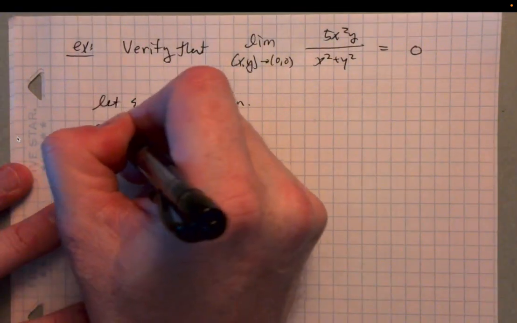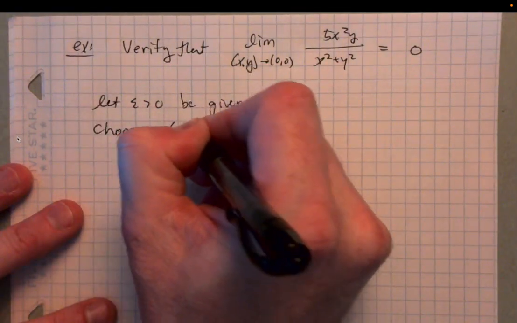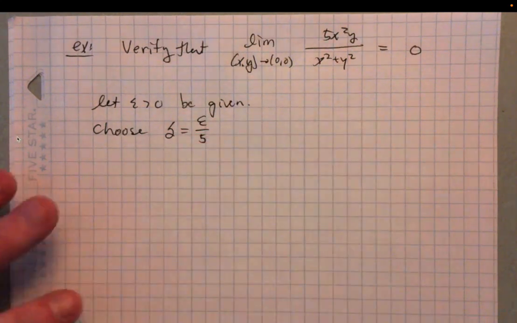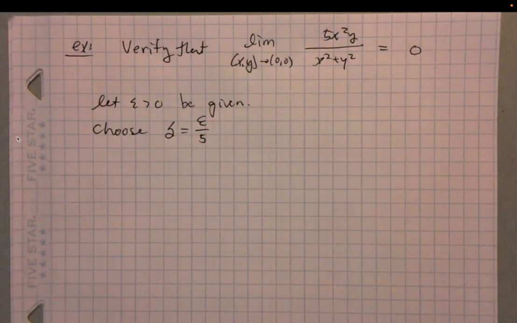And let's choose delta equal to epsilon divided by 5. So if epsilon is 0.000001, then delta is just 0.000001 divided by 5, which is clearly a real number. We can do that, no problem. So epsilon is given, and we choose delta based on it to be 1/5 of it.